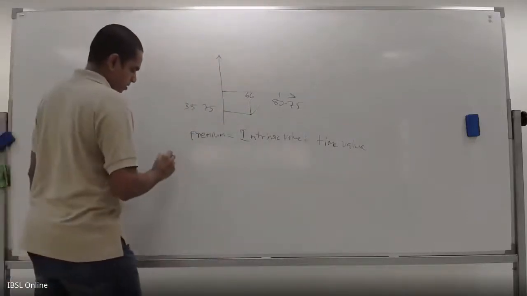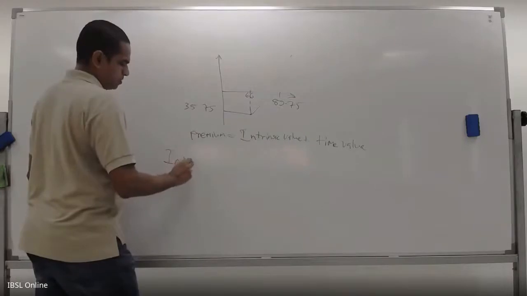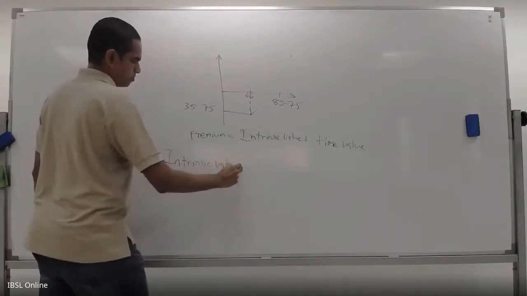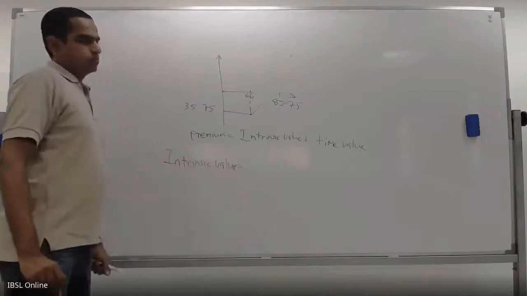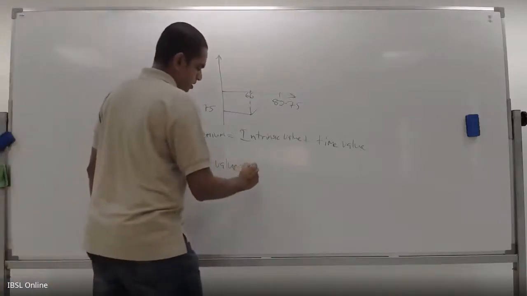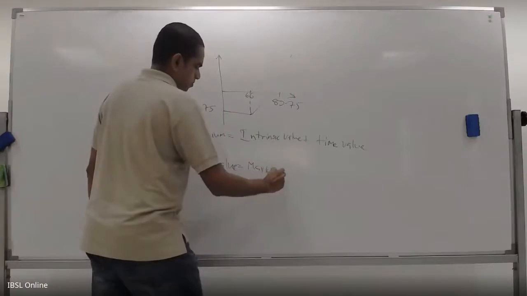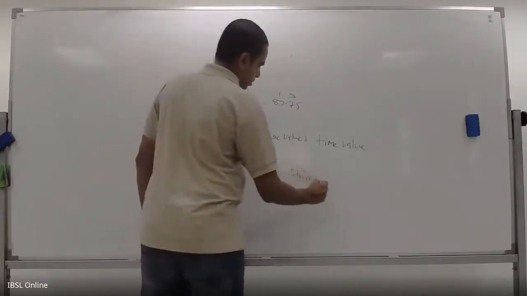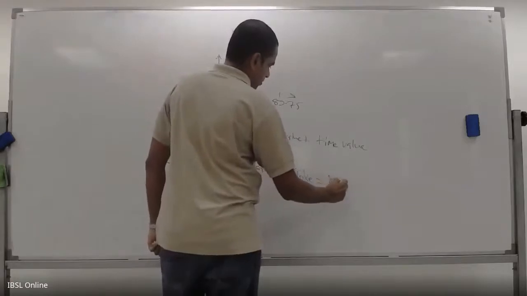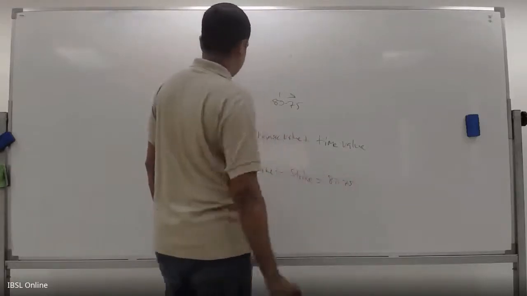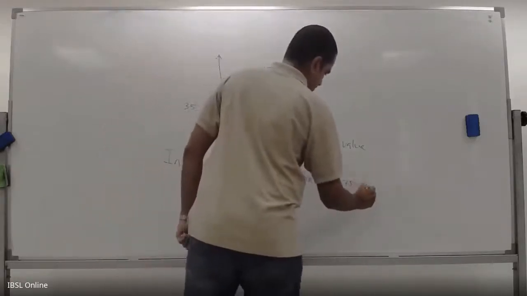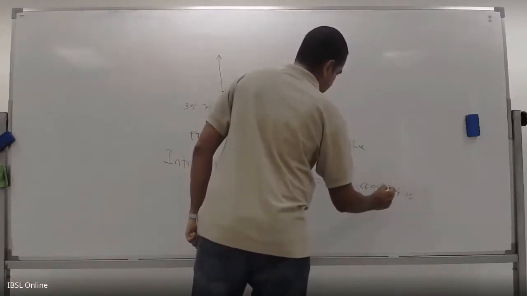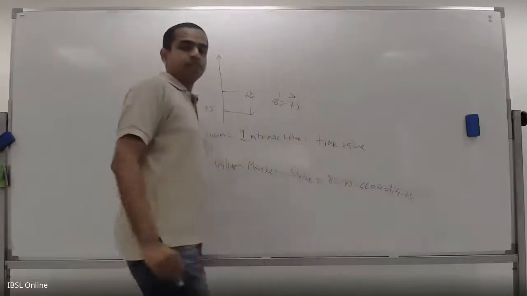Right. Now the intrinsic value for a call option is the market minus strike. The market is 80.75 minus the strike price of 66. That is $14.75. That's your intrinsic value.